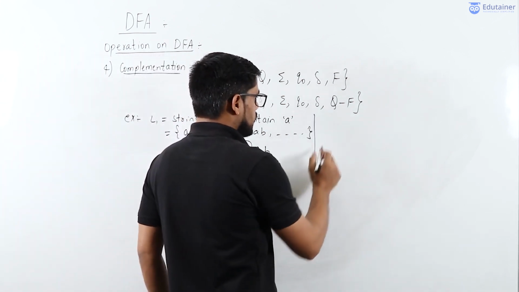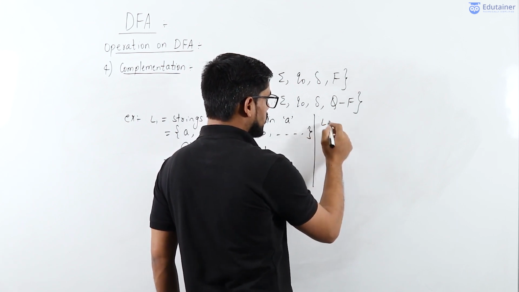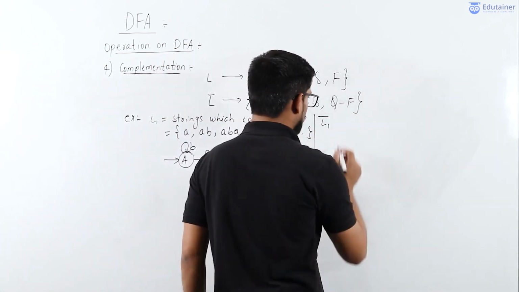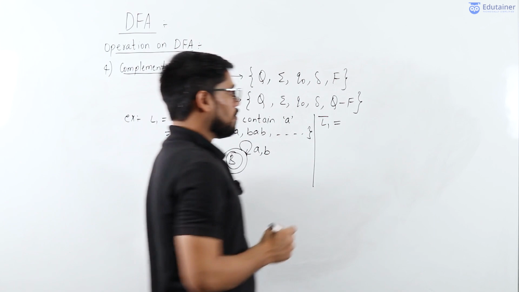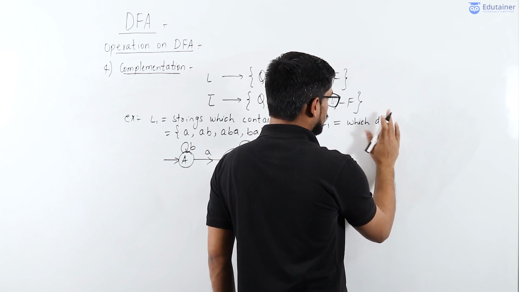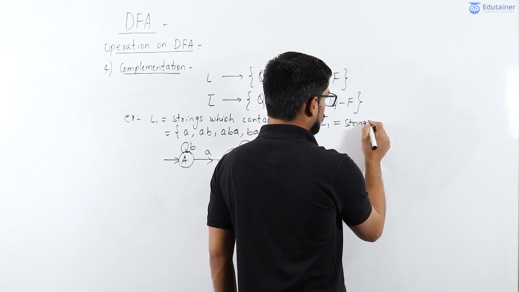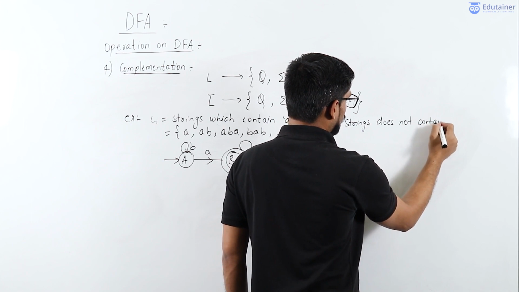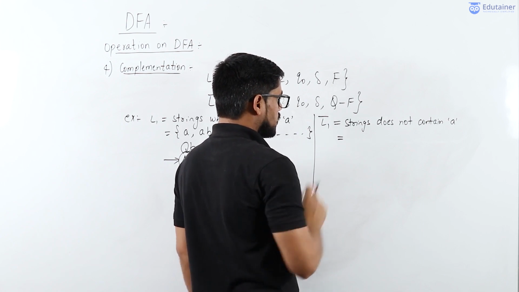So this is the transition diagram for the language which contains A. On the other side, if I take language L2, let's say language L1 itself and take the complement. Complement means take a bar on the language. So here the strings contain A, so the complemented language will be strings which do not contain A. So what are the possible strings present in this complemented language?